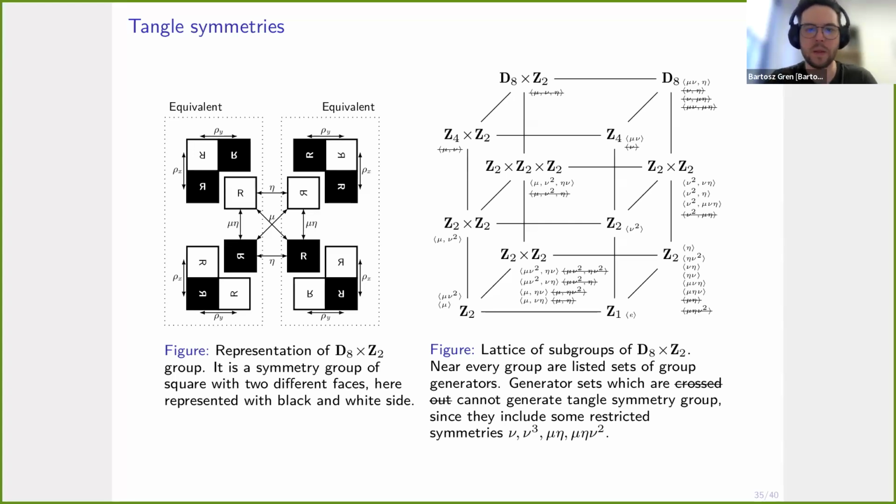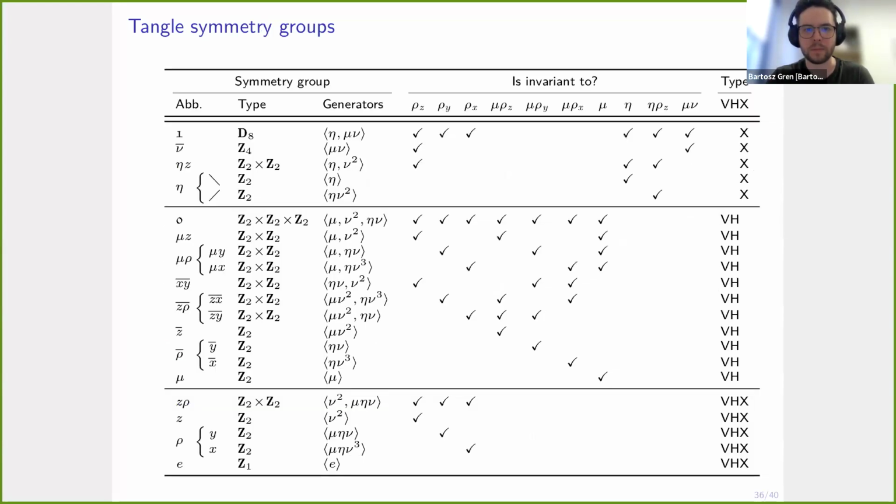So we can study subgroups of the group, and look at which symmetry groups are possible for tangles, just by removing all these groups whose generators are forbidden by our restriction. So it gives us a table of possible symmetry groups.